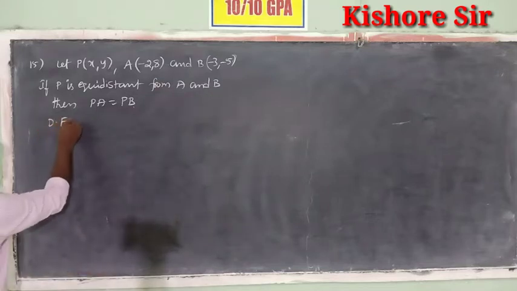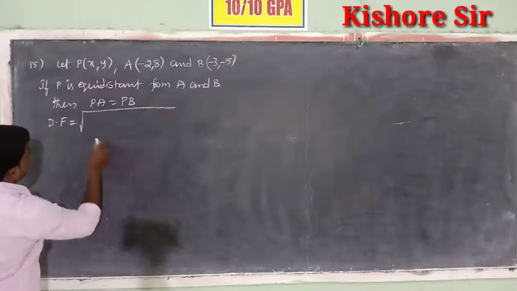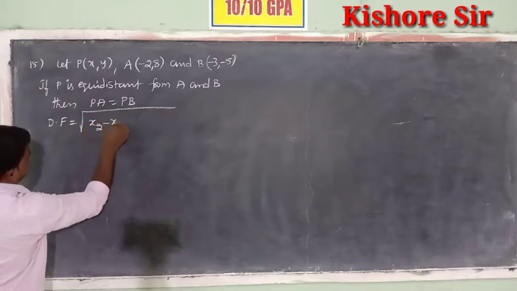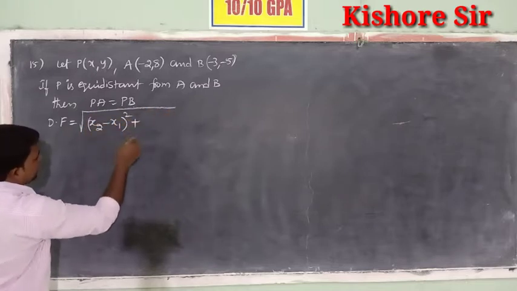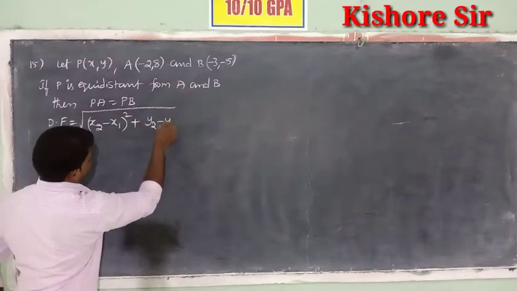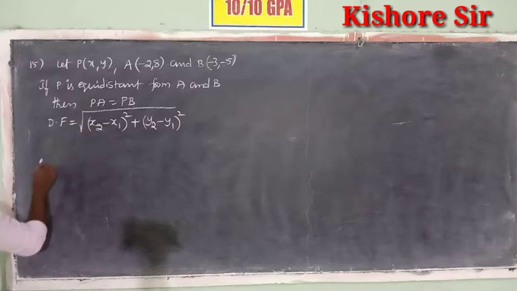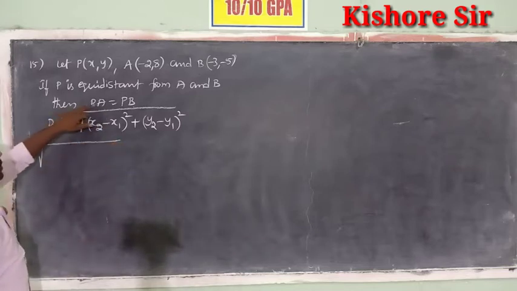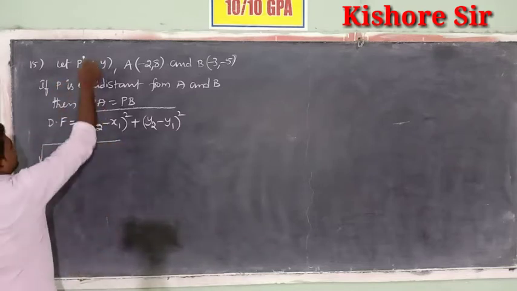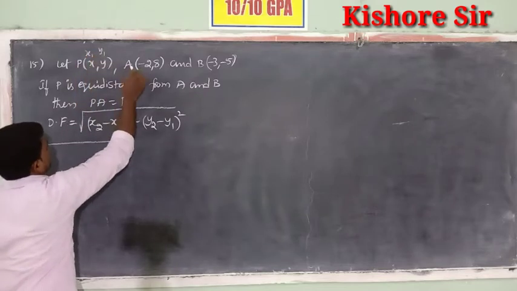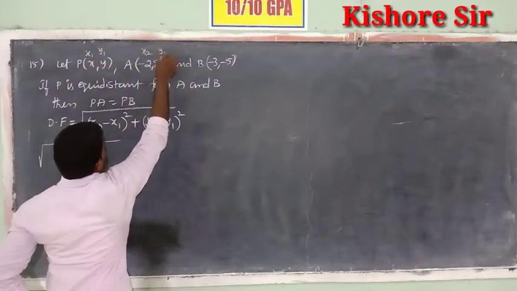So the distance formula is equal to square root of (x2 minus x1) whole square plus (y2 minus y1) whole square. So PA, the distance between P and A. P is (x1, y1) and A is (x2, y2).